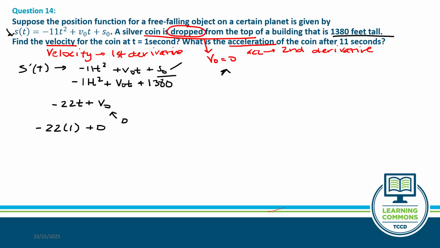So if you're given an initial velocity, so v0 equals some number, then you'll plug it in here. But otherwise, you don't have anything. So that'll be negative 22 feet per second. And that's your velocity.